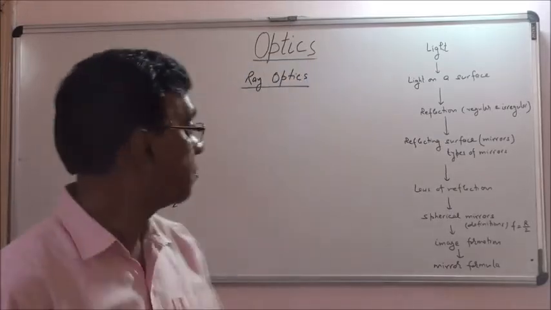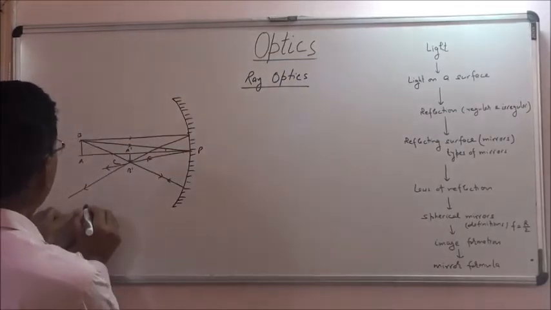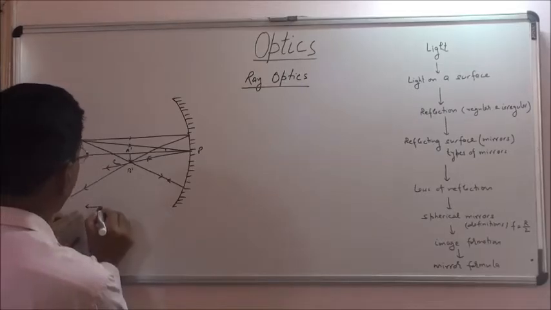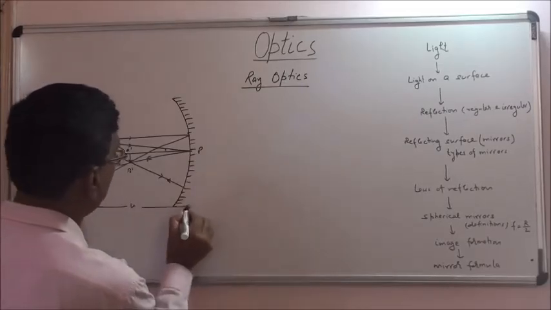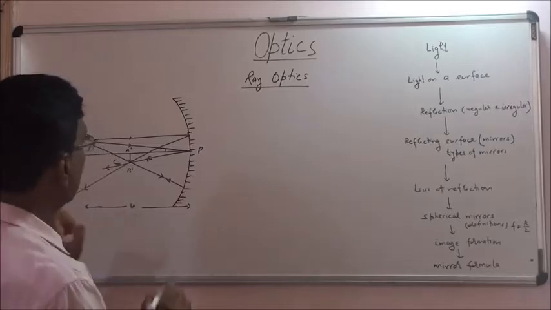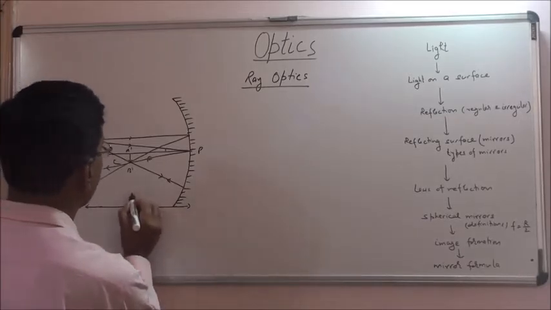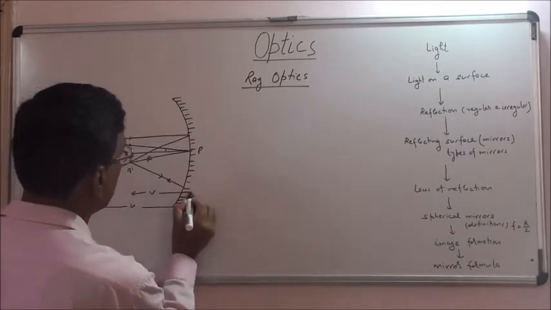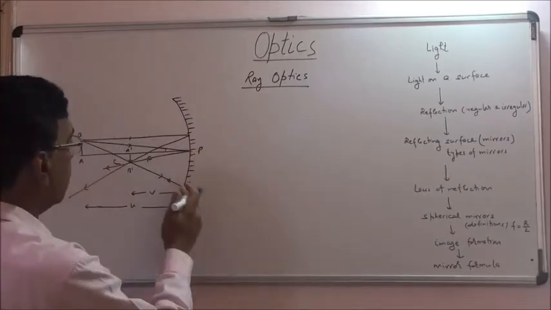Now, this distance of object from the mirror, we denote it using a symbol U. We take it as a standard symbol. Distance of image, we take V from the pole.